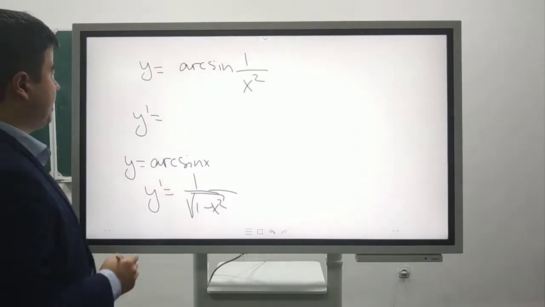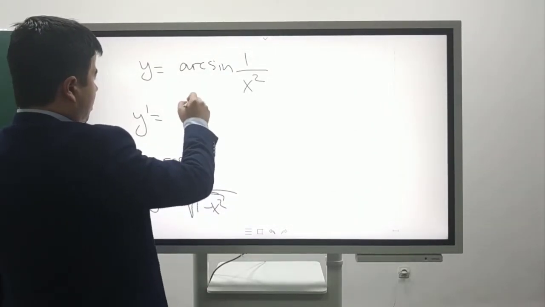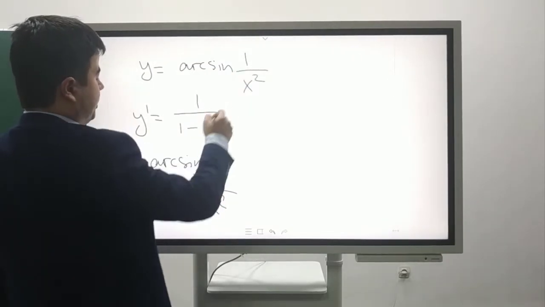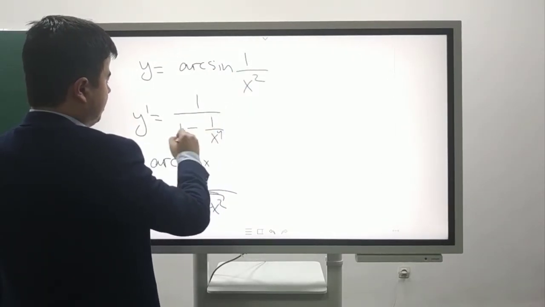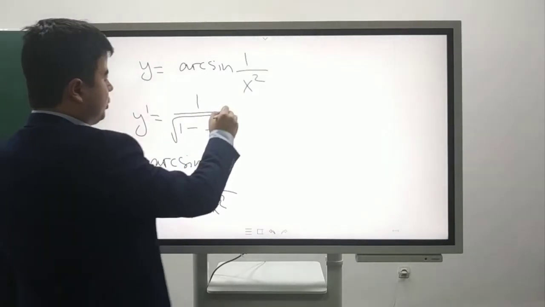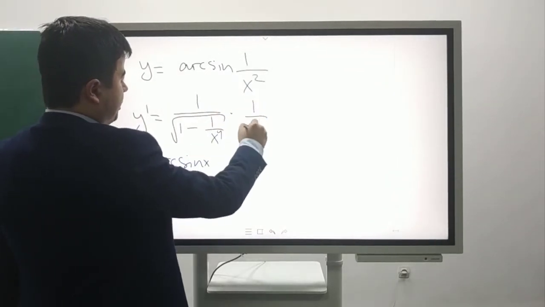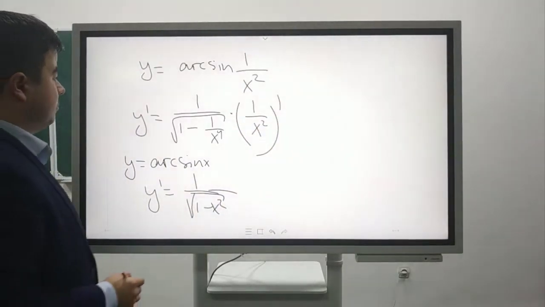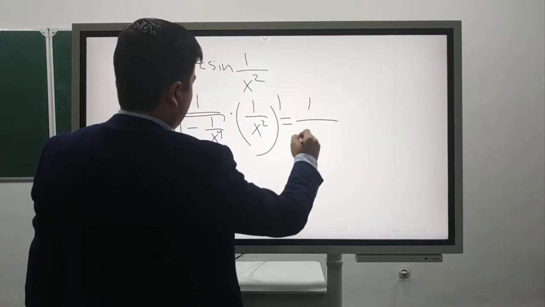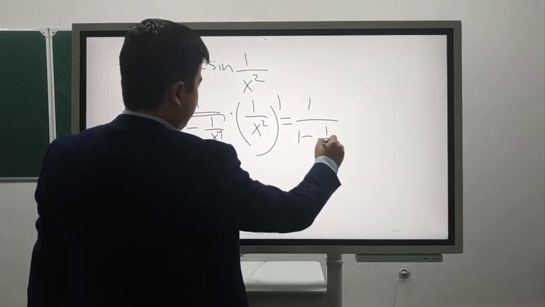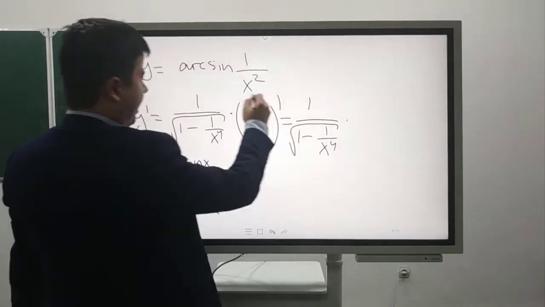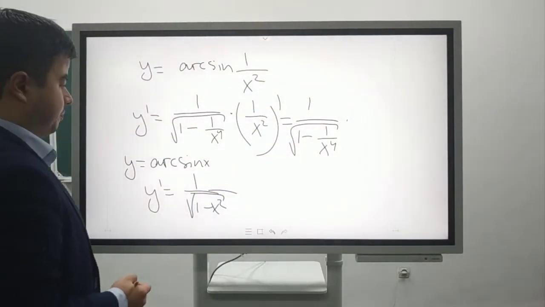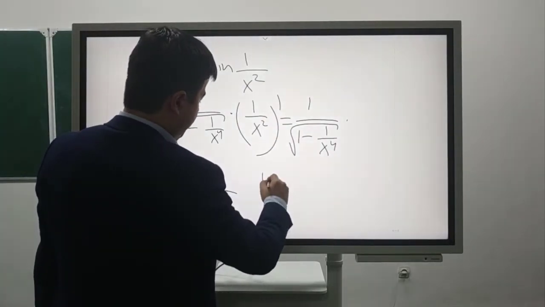So in this case it is 1 over the square root of 1 minus, instead of x we have 1 over x squared, so it is 1 over x fourth, times the derivative of 1 over x squared. So how to find the derivative of 1 over x squared?